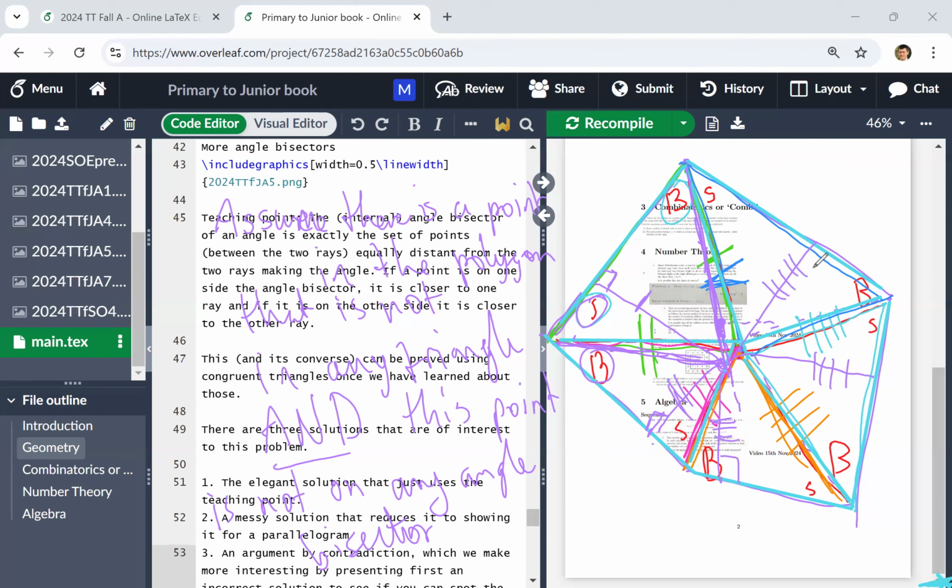But then you go all the way back to the start, then it's actually closer to this side than it is to that side. So then this distance is longer than itself, yeah? And that's a contradiction.